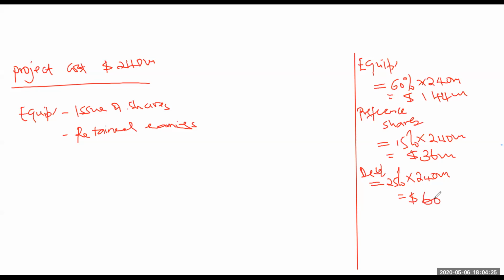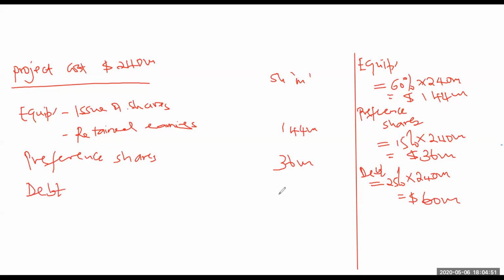Therefore, here we can have the amounts you're going to obtain, in million. From equity, you're going to be raising 144 million. From preference share, the company will be obtaining 36 million, and from debt the company is going to obtain 60 million, to give us the 240 million that we need.